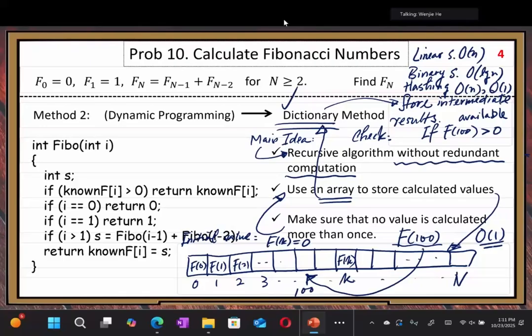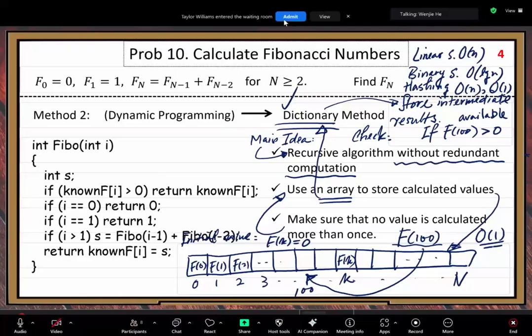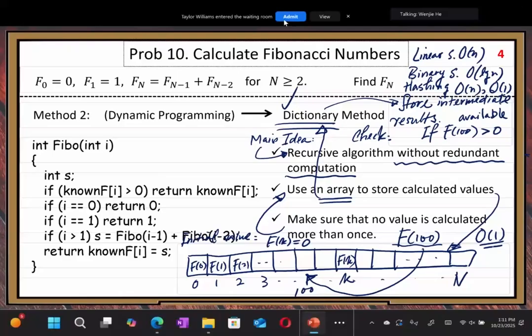Not too long, right? But a little longer than our brute force implementation. Now we need to create an array as our dictionary. So what is the dictionary?